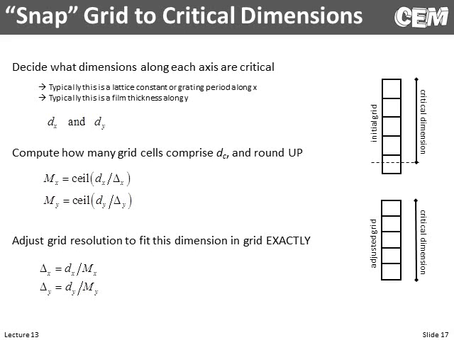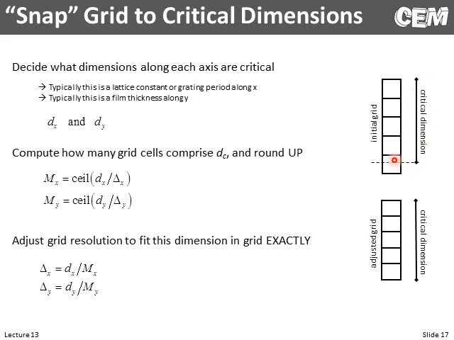The next step, I like to call this snapping the grid to some critical dimension. So suppose from the last slide we calculated a delta x and delta y, and it would form a grid that looks like this, with just 4 cells vertically through the grid somewhere. But suppose we have a device that has this vertical line as a dimension, and we must resolve that as accurately as possible.